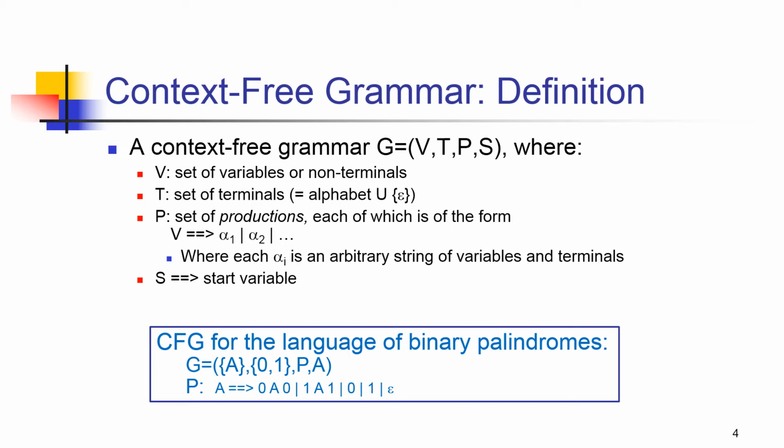Right now I have given the grammar of this particular language, which says for binary palindrome A produces 0 A 0 or 1 A 1 or 0 or 1 or epsilon. That is the grammar of this binary palindrome language.